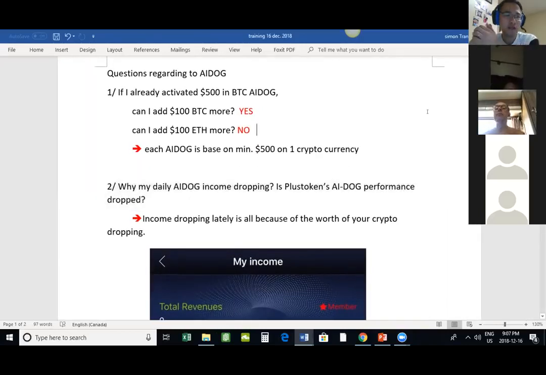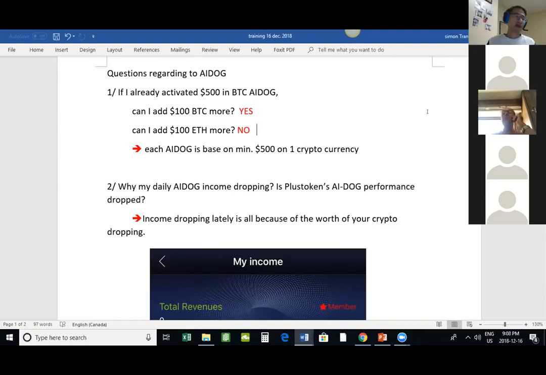The number one question a few people are asking: if I already activated $500 in BTC for the AI doc, can I still add more? Yes, of course. After the minimum of $500 for one AI doc, you can add anything more on that AI doc. If you activate a BTC AI doc, it's one AI doc.